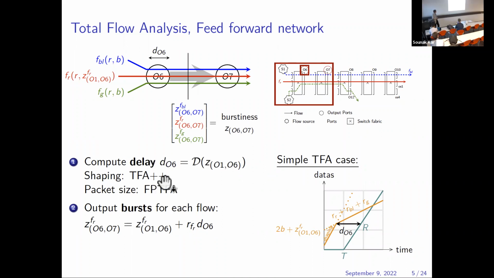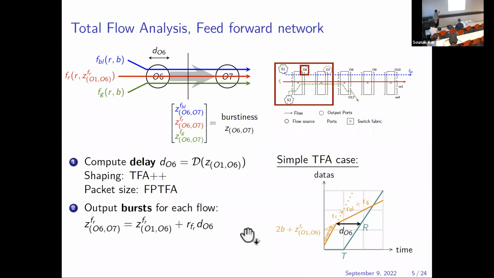When we have computed the delay at the node, which is the maximal deviation between the aggregate flow and the service curve of the server, we compute the output burst for each flow, which is the input burst of the flow plus the rate of the flow times the delay at this port.